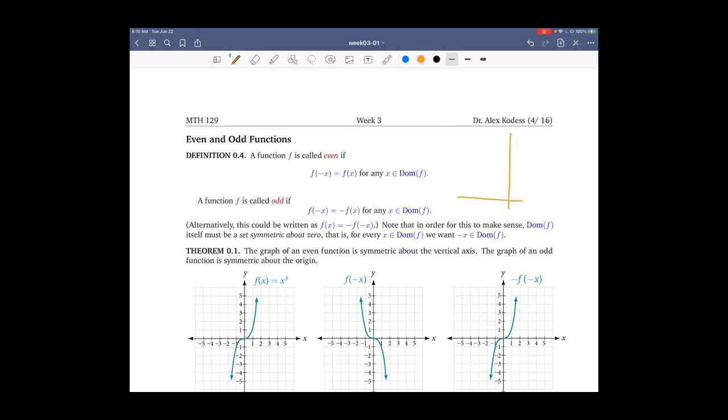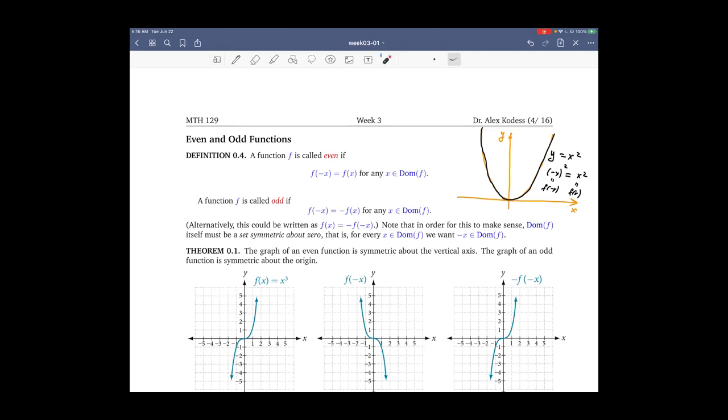The example that you know is y equals x squared. Indeed, negative x squared, which is f at negative x, equals x squared, which is f at x. And as you see, the graph is symmetric about the vertical axis.